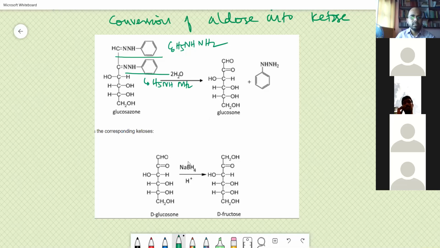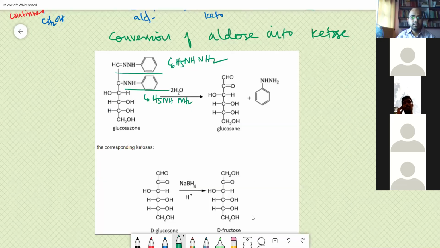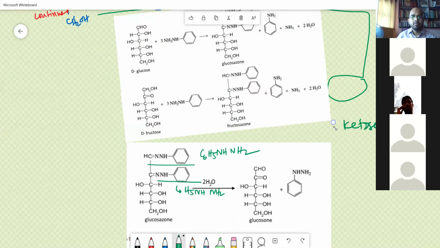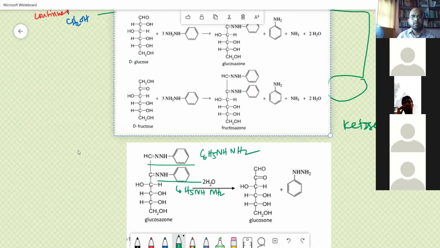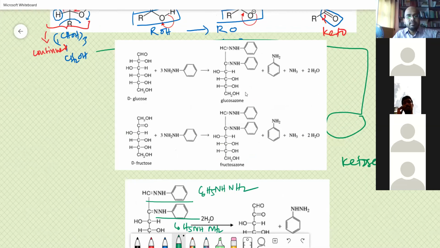This is a second step. The first step is like this. So you have glucose there. Okay. This is what we have seen.